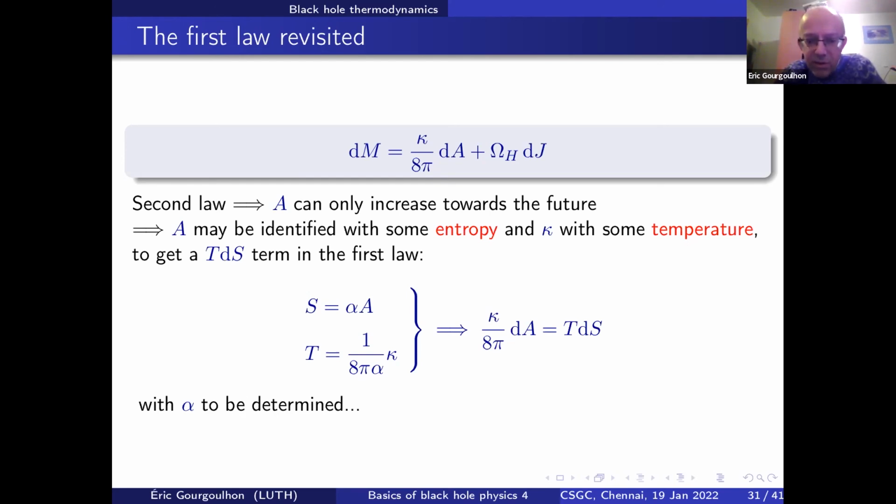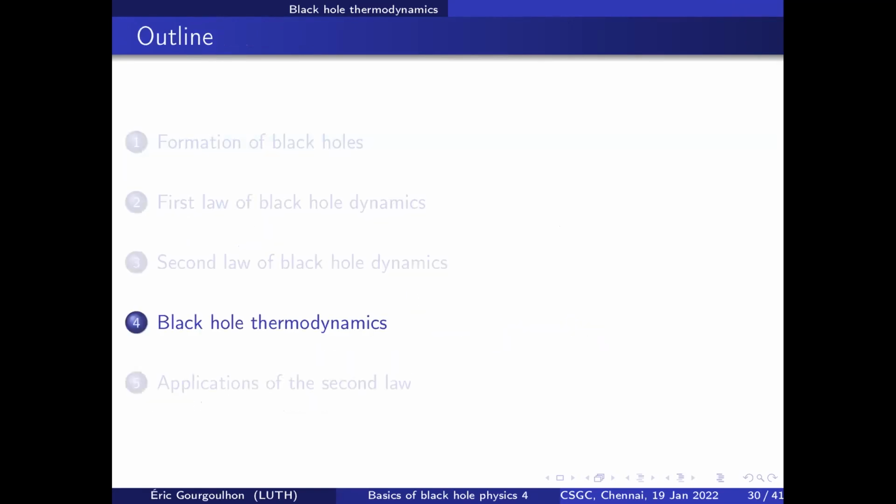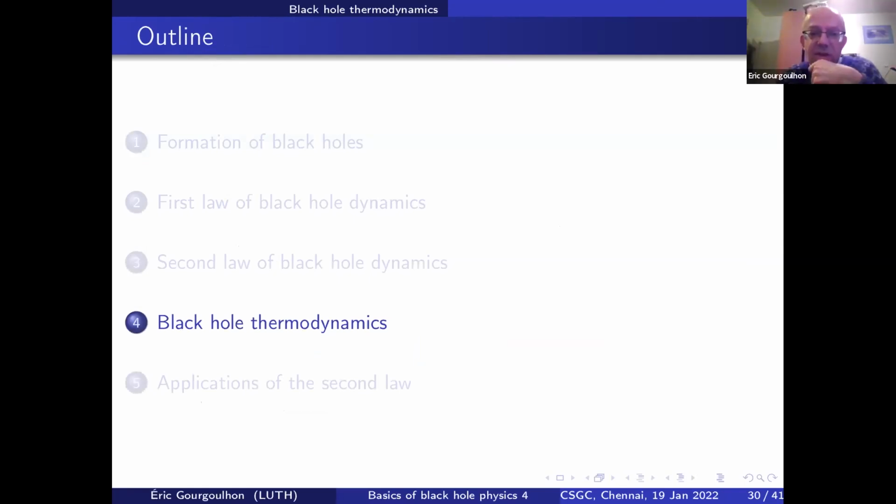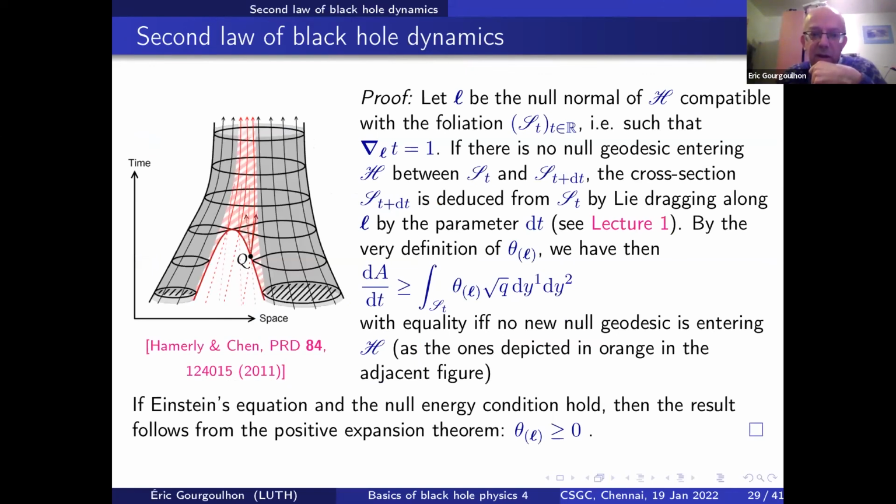Maybe I didn't understand the question exactly. So the question is on the null Raychaudhuri equation. For example, if we choose a non-zero kappa, then on the right-hand side, you have a minus kappa theta term, right? Yes, exactly. So this is slightly more complicated.